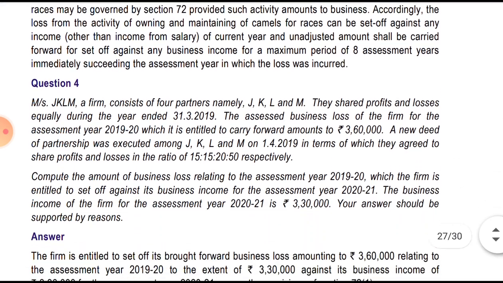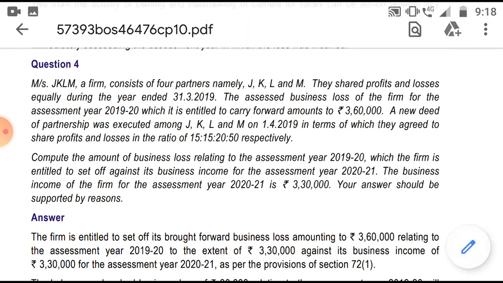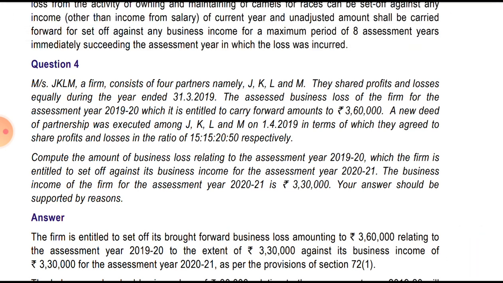Illustration number 4, that is question number 4. Mrs. JKLM, a firm consists of 4 partners J, K, L, M, who shared profit and losses equally during 2018-19. The assessed business loss of the firm for the assessment year 2019-20, which it is entitled to carry forward, is 3,60,000 rupees. Sorry, I will read it again.